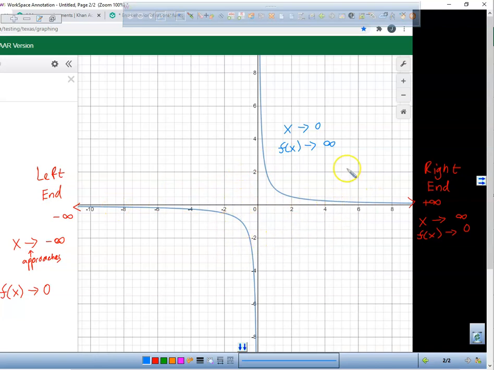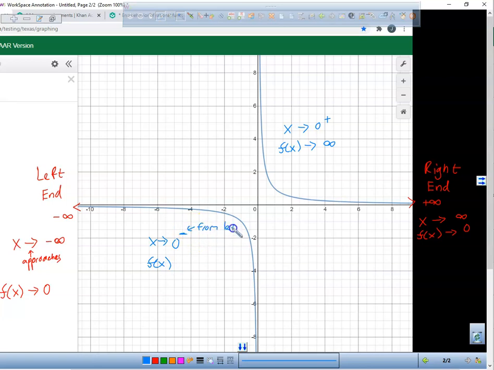All right, so here we go. As I'm going from the right-hand side, we put plus. As x is approaching 0 from the left-hand side, negative means from what direction?